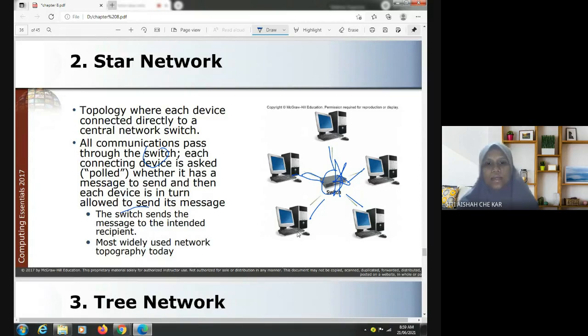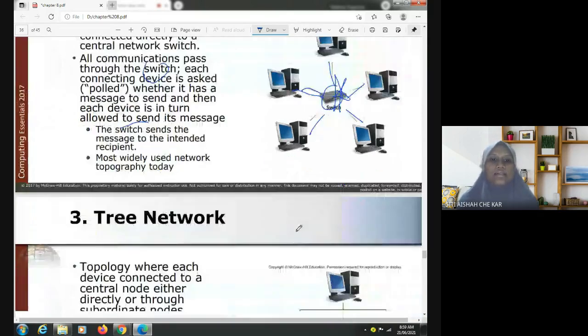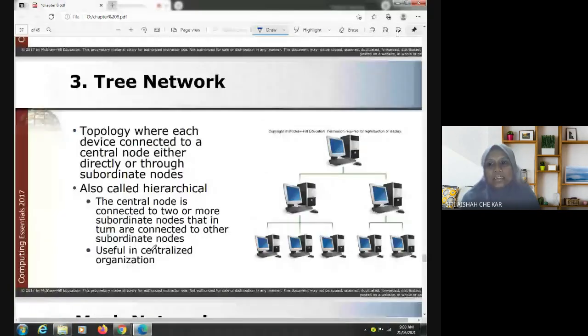Okay. And then we have a tree network. In this tree network we can see the hierarchy. This is the bottom, this is the upper level, and we have a second level, and this is the bottom level. Usually this one is applicable at an office or centralized organization. If we look at this tree network, we can see there is more hierarchy.